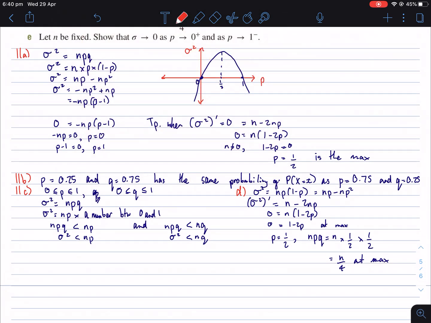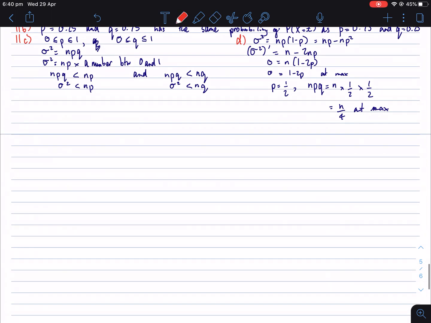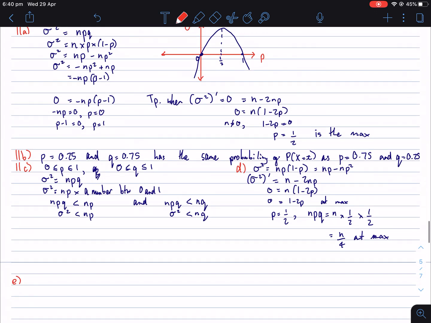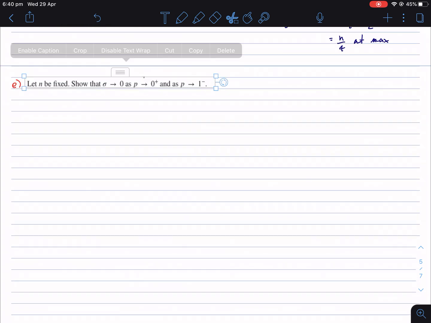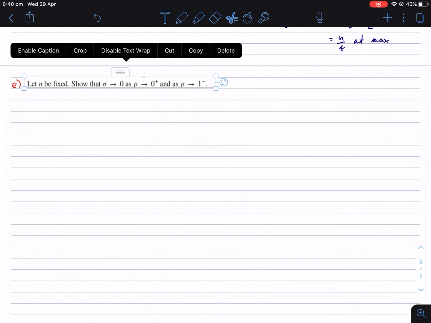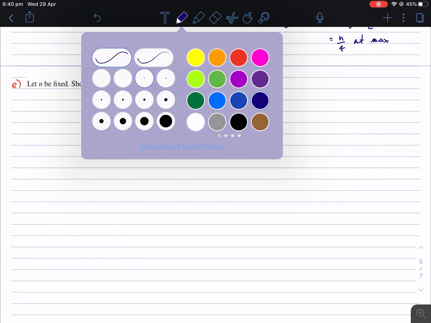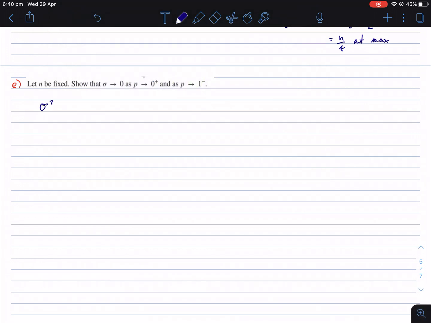And question E, I hope I can fit this in like one line. Cannot. So we've got sigma squared equals NP times 1 minus P, yeah?